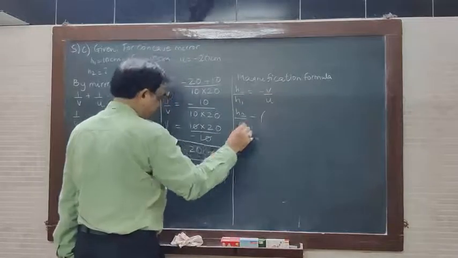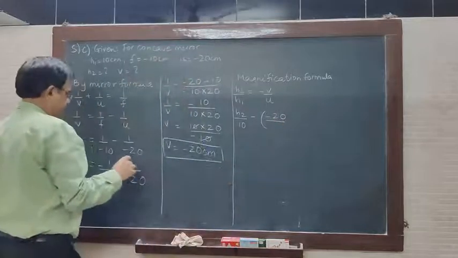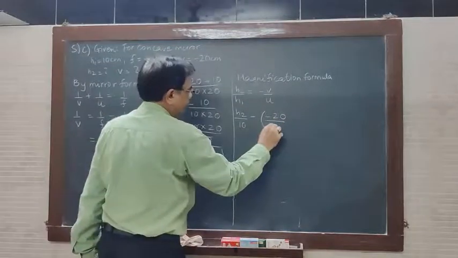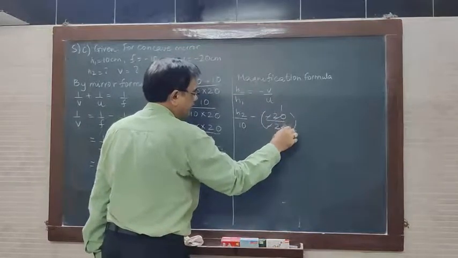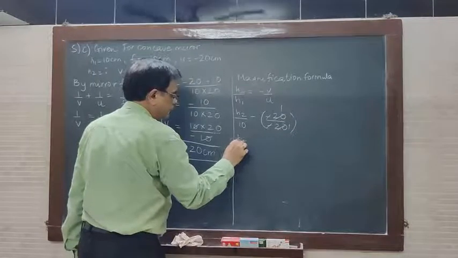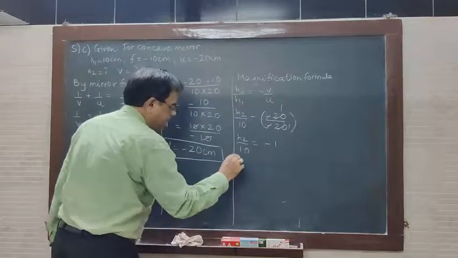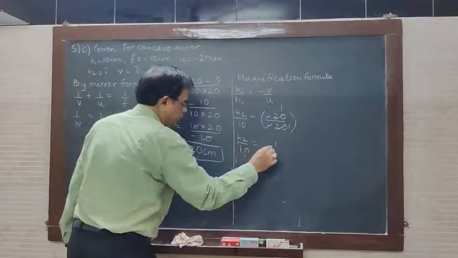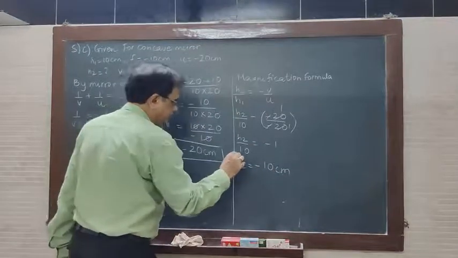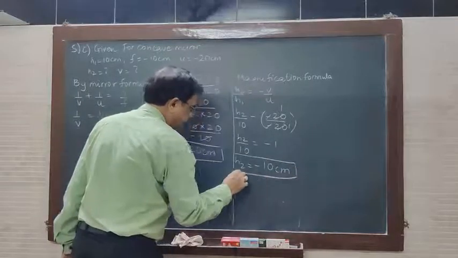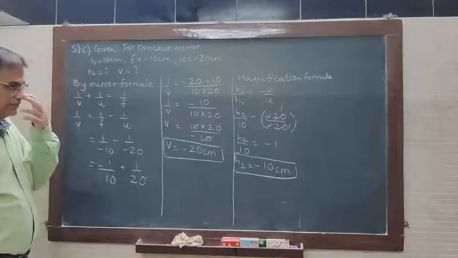Minus V, your minus 20, upon U is also minus 20. Minus minus cancels, 20 ones are 20. So H2 upon 10 is equal to minus 1. Cross multiply. So H2 is equal to 10 ones are 10. H2 is equal to minus 10 centimeters, right?